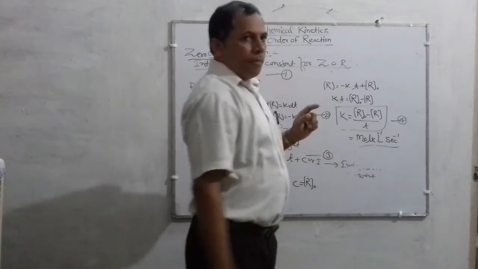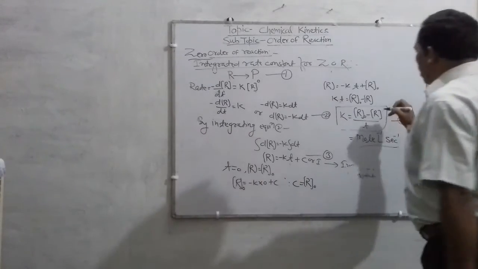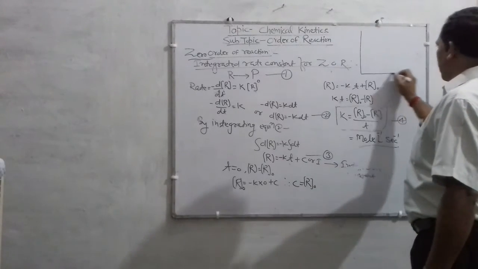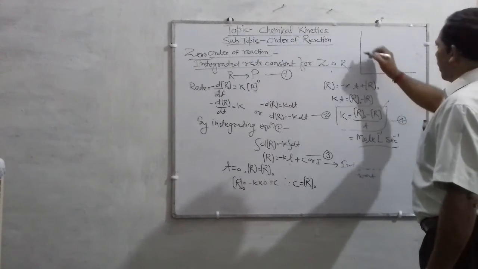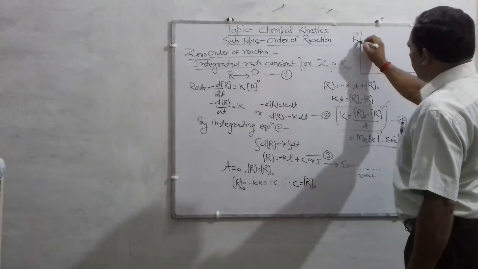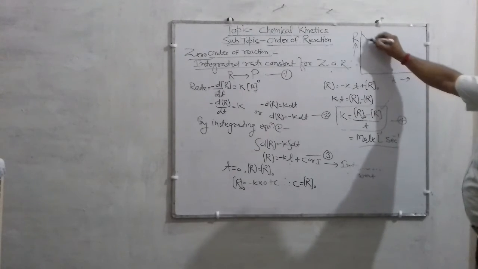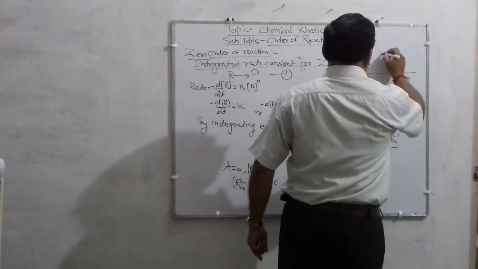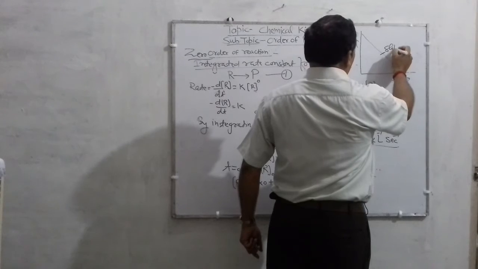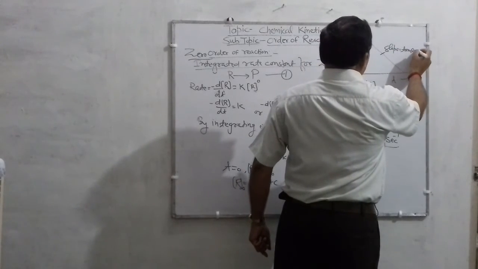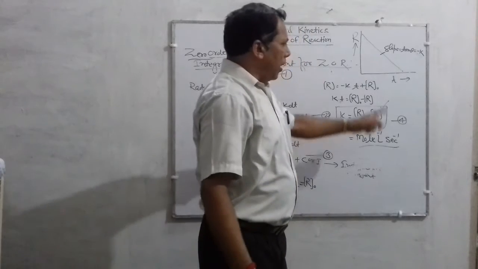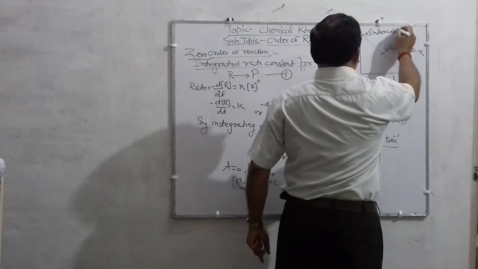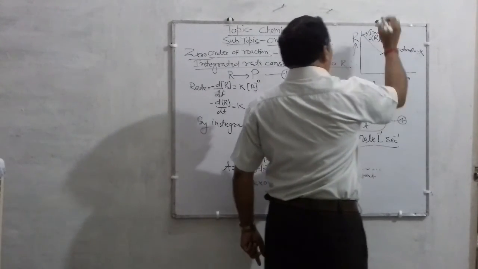Alright? One more thing. If you plot, children, R versus t, meaning concentration of reactant versus time, you get a straight line in which the slope, or tan theta, is equal to minus k, and the intercept will be R0.